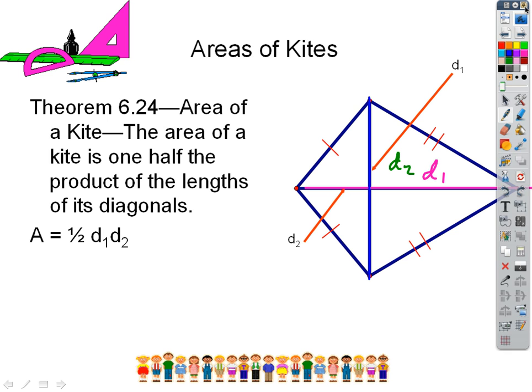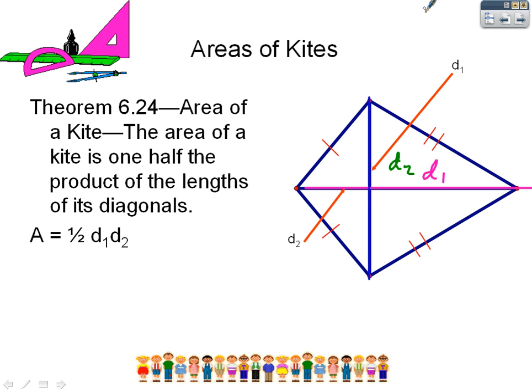So the product of those two diagonals then gives us something, not the area of the kite, but something else.